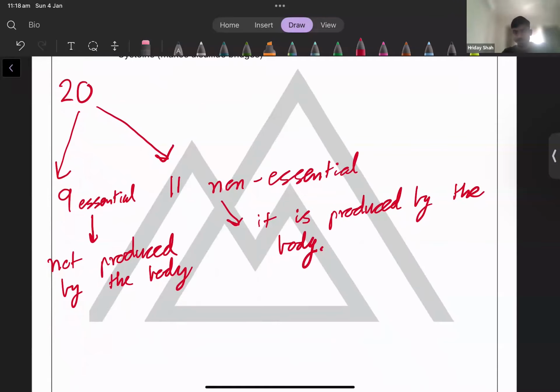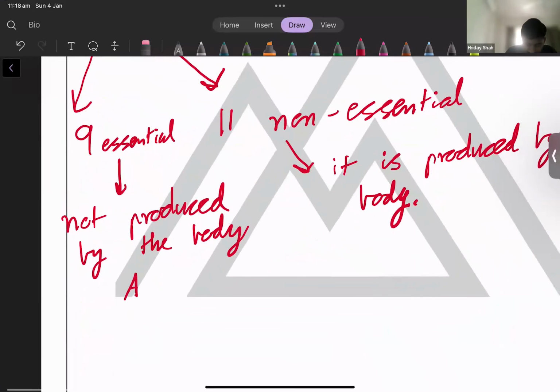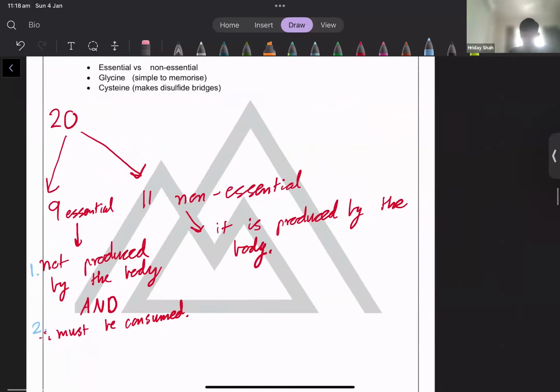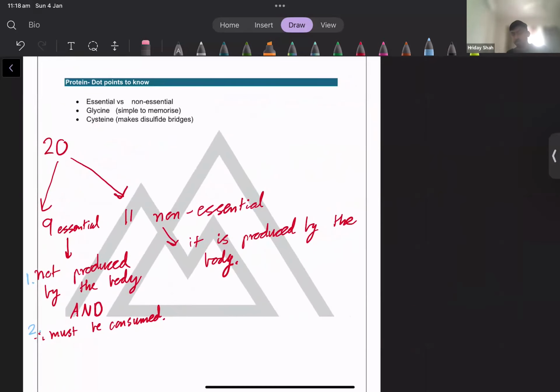So when we say essential, we're saying it is essential to get from the diet or from your consumption, and therefore must be consumed. Now, that means there are 2 dot points. Mostly in biology, when I ask you to define a word, it's a 1 mark question.